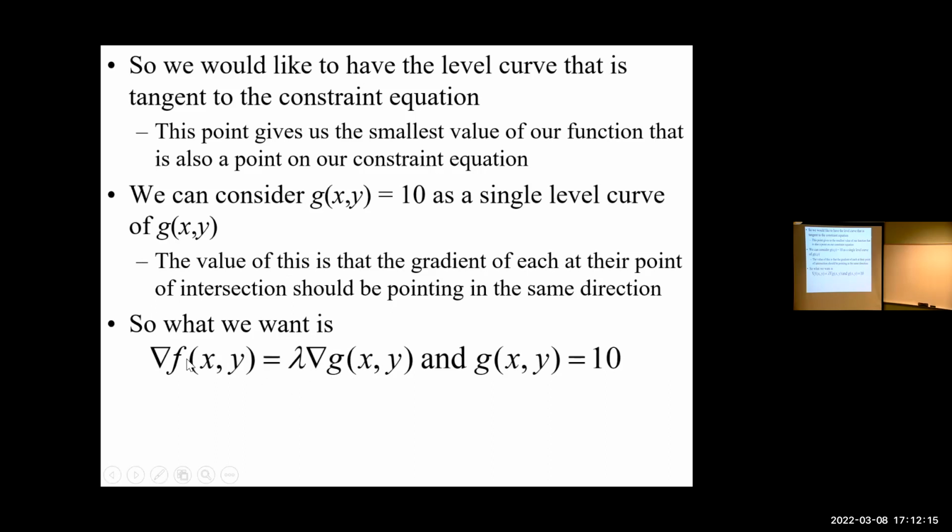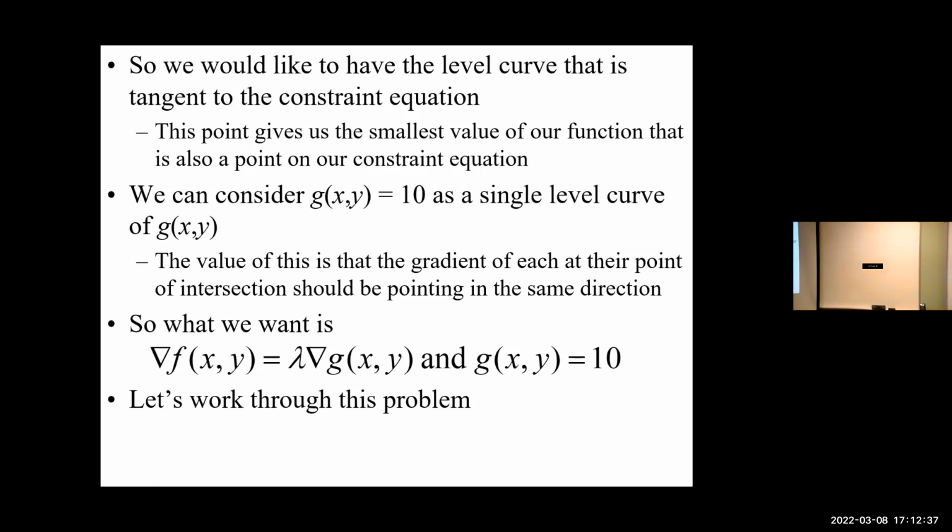So what we do is we set their gradients to be equal along with this constant multiplier of lambda. And then also we have our constraint equation there, which creates a system of equations. So let's work through the one for our problem. And so we can see how this gets written up.